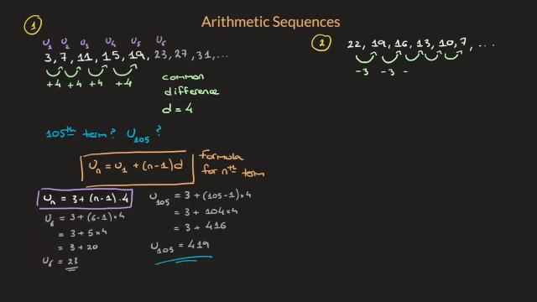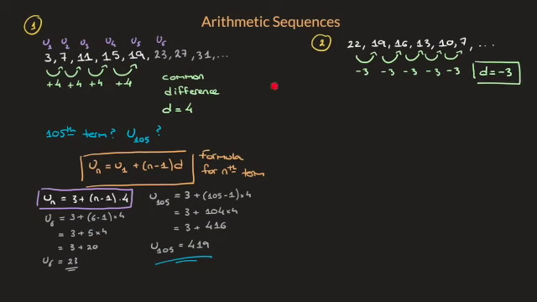From 16 to 13, I'm subtracting 3, 13 to 10, negative 3, and from 10 to 7, I'm subtracting 3 again. But it's important to realize that when we subtract 3, we can think of that as adding negative 3. So the common difference, which remember is the amount we always add to get from one term to the next, would be d, which equals negative 3. And I'll go ahead and box that.